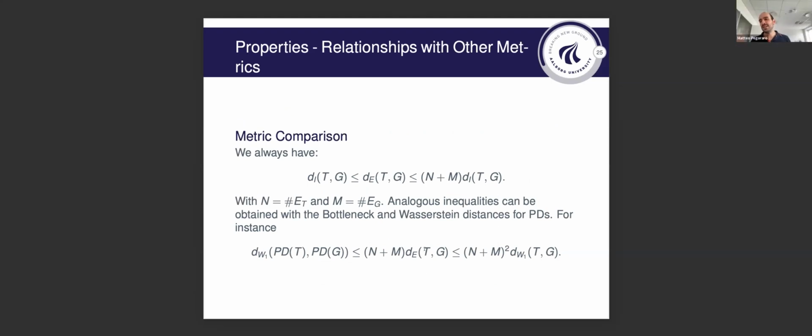Yeah, it is basically what I've said before: we have this bound, which is that the Wasserstein distance is still less than or equal to the edit distance multiplied by the cardinalities of the trees. Why?